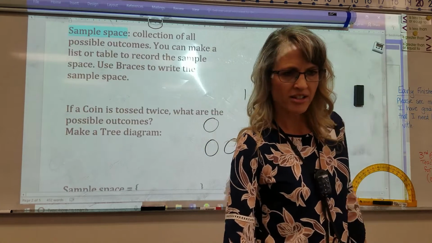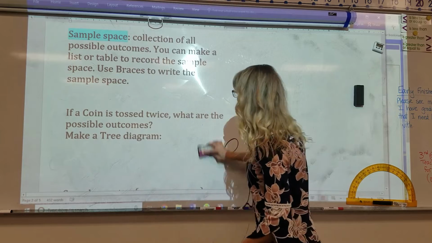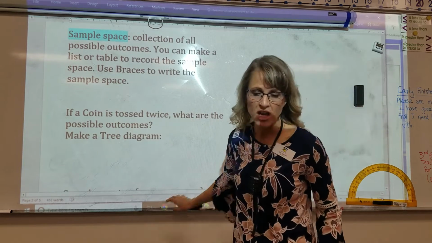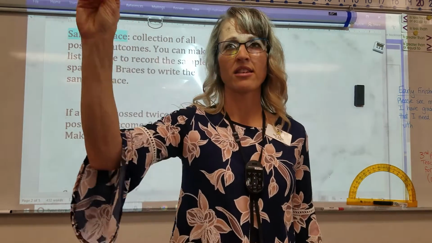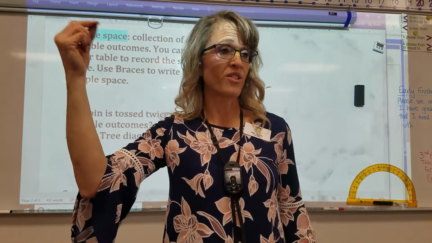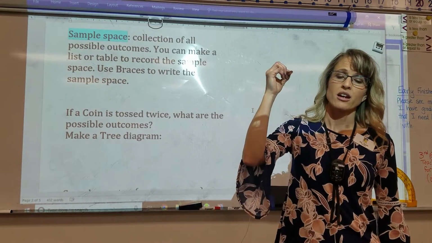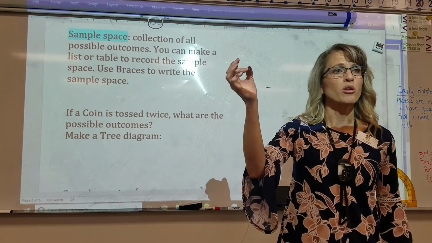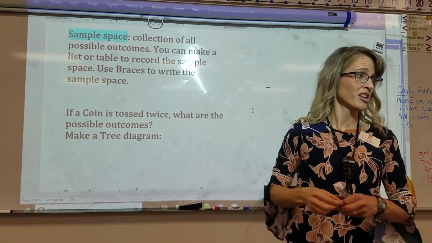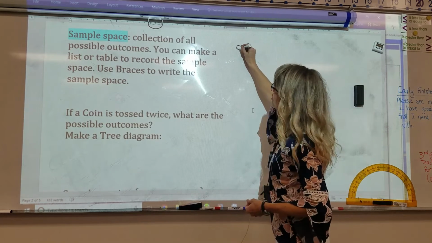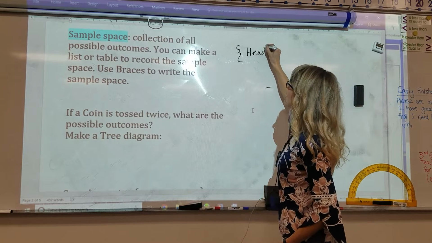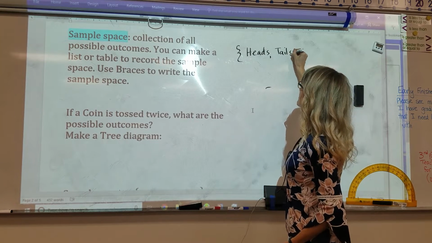Very good. All right, let's talk sample spaces. Sample space is a collection of all of the possible results. So if I had a coin toss, and my experiment was to find out if it's heads or tails, my sample space would be all the possible outcomes when I flip a coin. Well, the possible outcomes are brace, heads, tails, and brace.